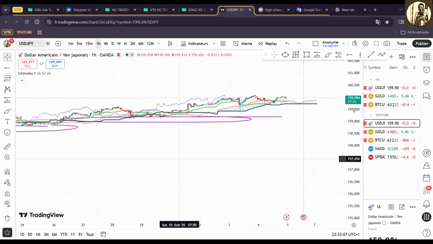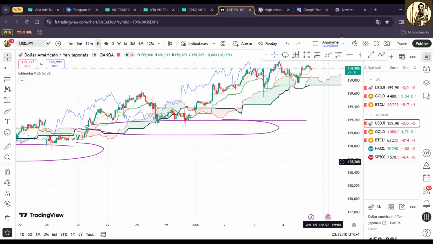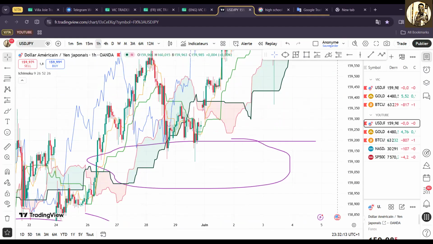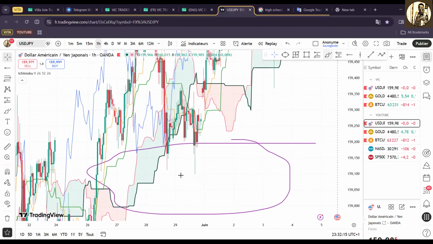Let us take this first setup. Inside this daily setup, if you see the price go down like this, go back and touch Tenkan, go down, go back and touch Tenkan, then go down, break below.